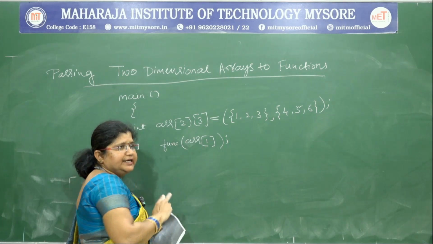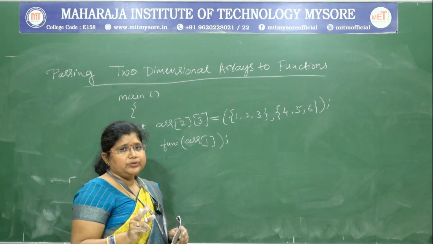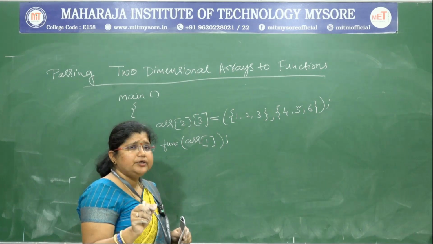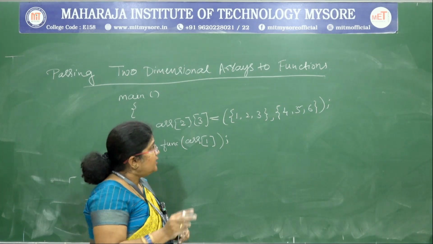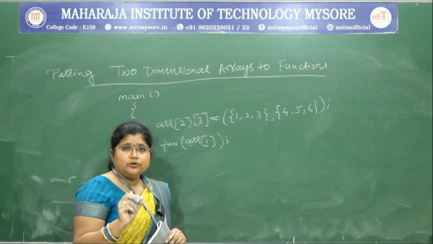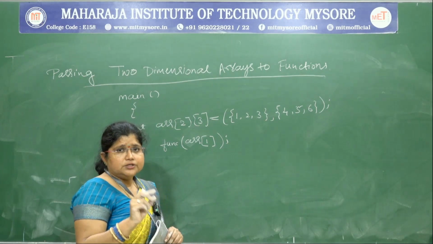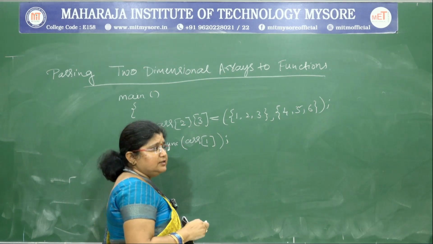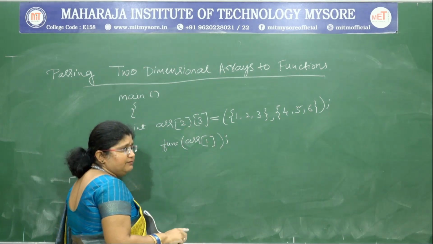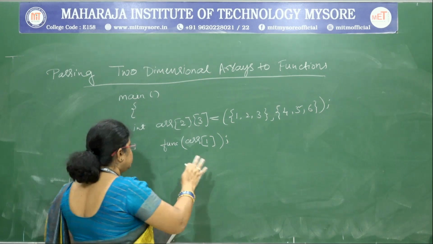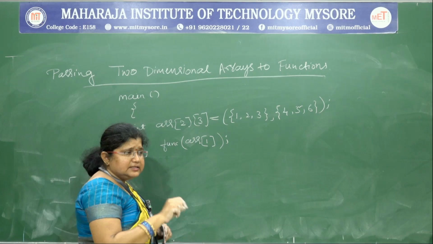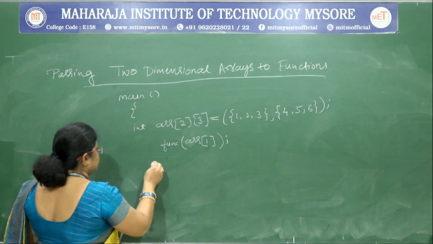This 1 indicates the row number. See, indexing takes place from 0. There are 2 rows, the 0th row and the first row. So the row index is given, that is, the second row is going to be transferred as the parameter.